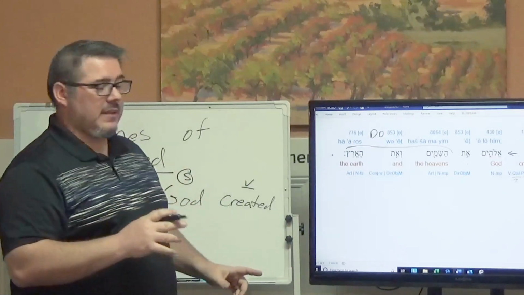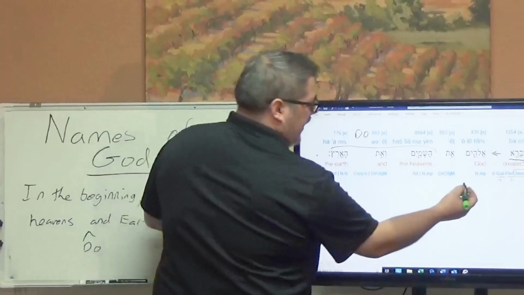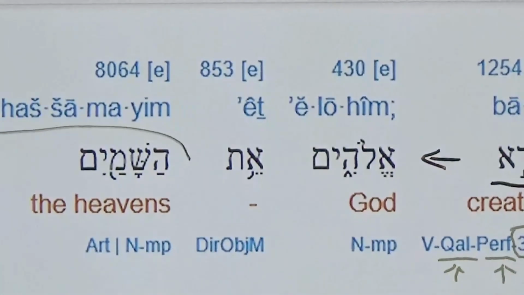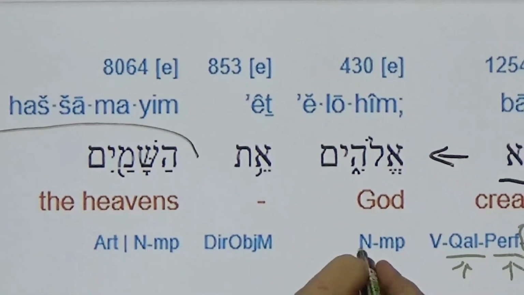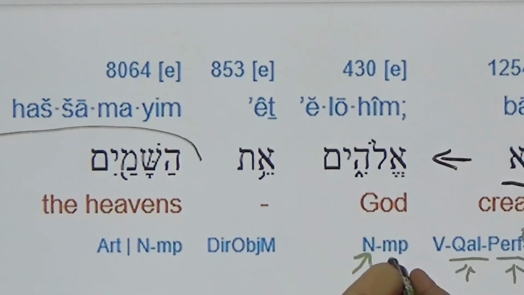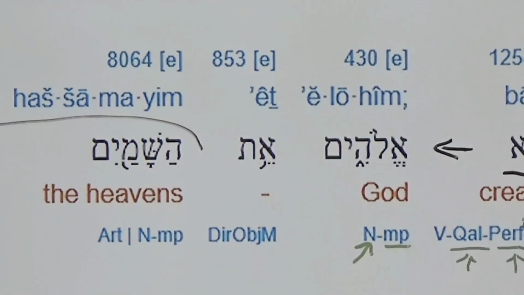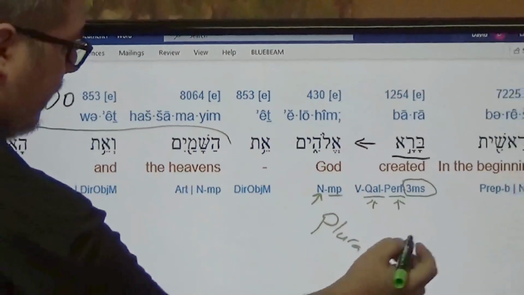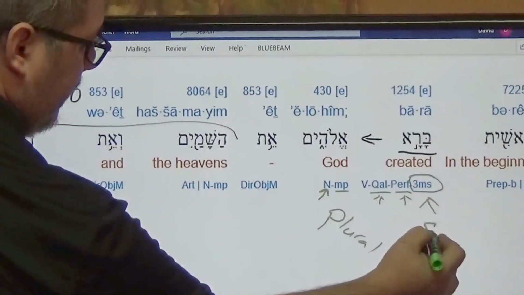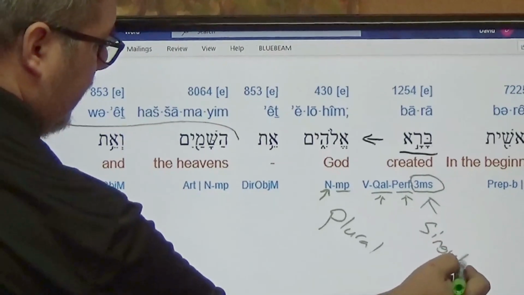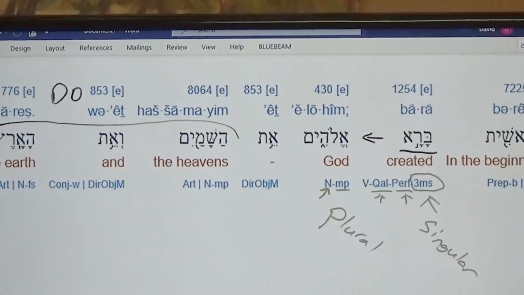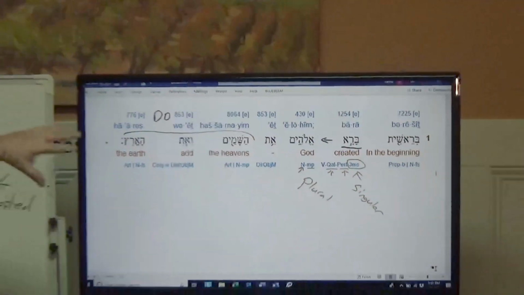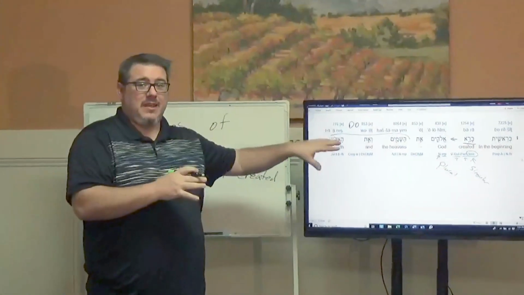Now the interesting thing is, if you look at Elohim, which is our first name for God that we see, the first name for God, of course, is a noun, but it is in the masculine plural. Now, in Hebrew, both of these should have been in the same tense.